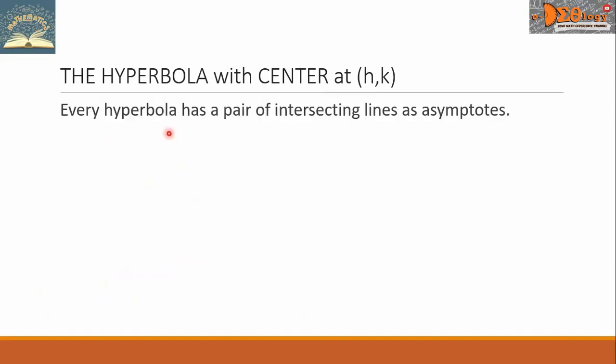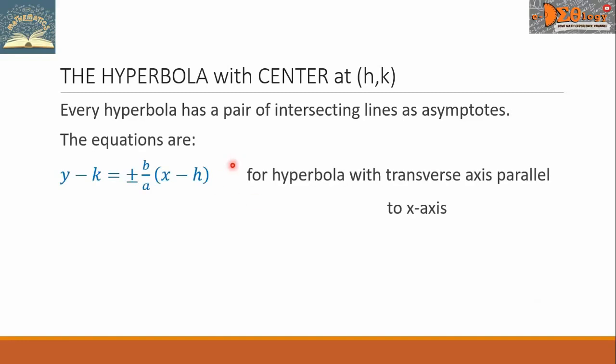Every hyperbola has a pair of intersecting lines as asymptotes. The equations of asymptotes are here. This is y − k = ± (b/a)(x − h).